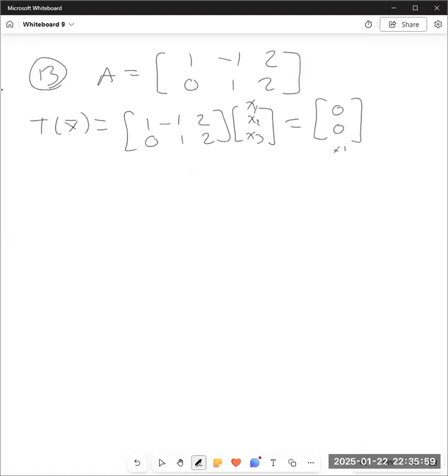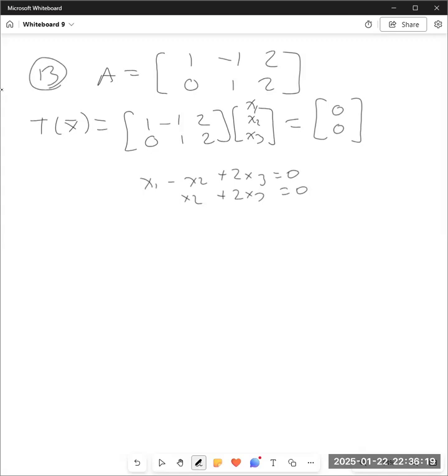Okay, so this is x1 minus x2 plus 2x3 equals 0, and x2 plus 2x3 equals 0.